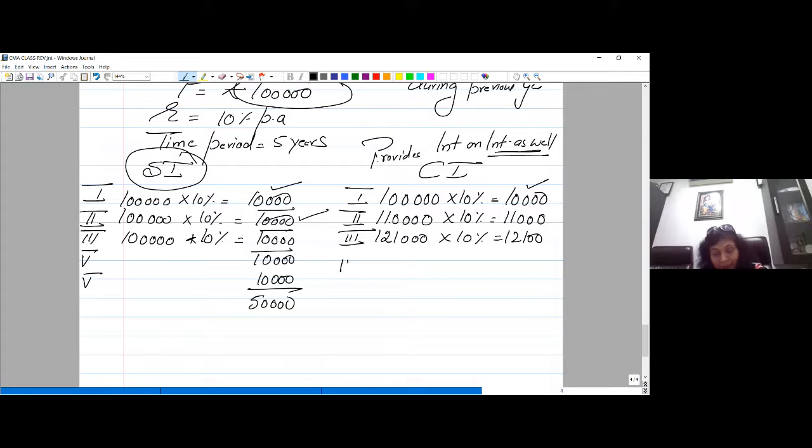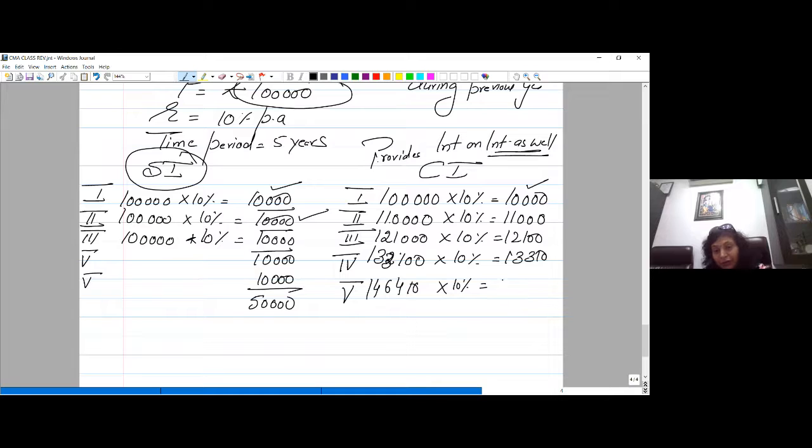But in case of compound interest, see, in the fourth year, our amount becomes 1,33,100, into 10%. That becomes 13,310. Now in fifth year, the amount becomes 1,46,410, into 10%.